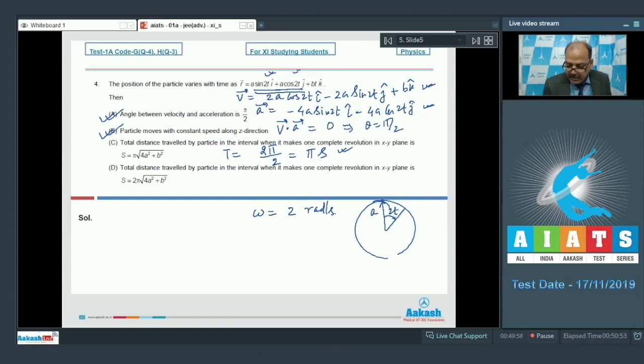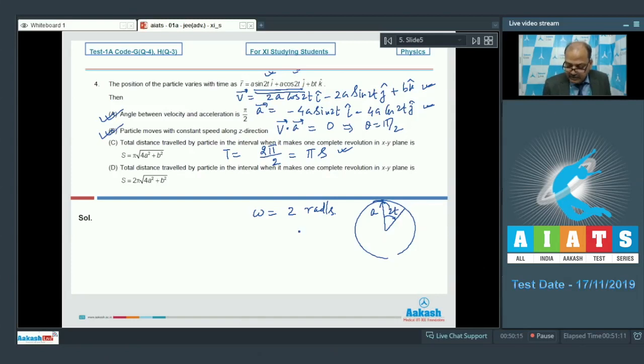If at t equal to 0 particle was here and it's moving like this in the xy plane, then we have r as a sin 2t i cap plus a cos 2t j cap.